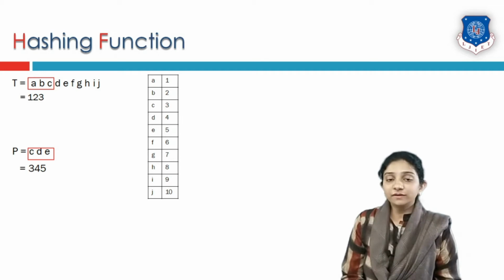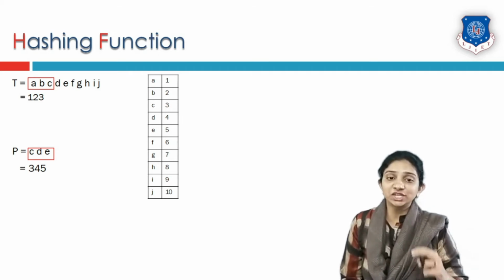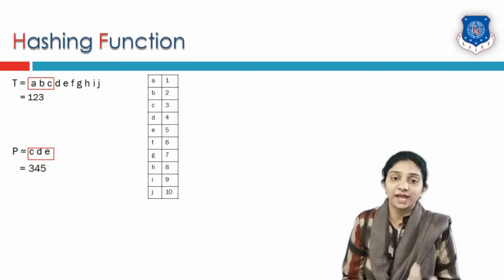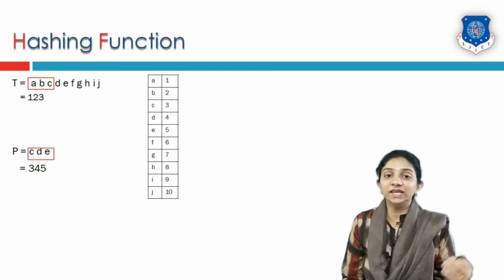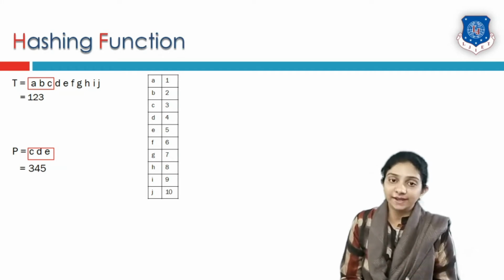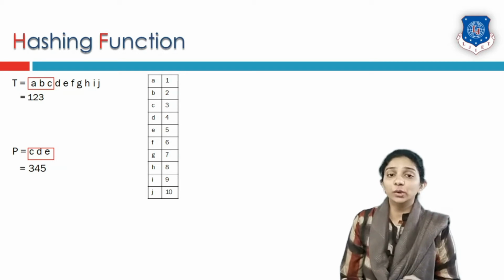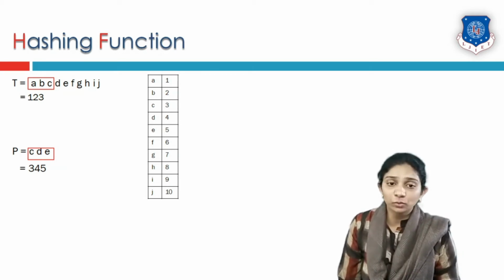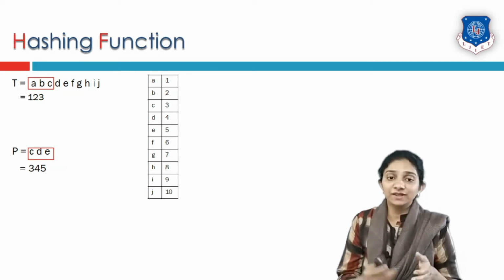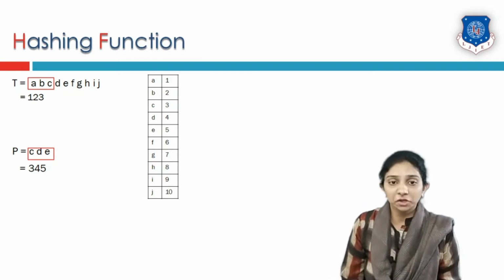So after this particular point, we are not going to match each character of pattern with each character of text, unlike we have done in our naive method and in finite automata method. In this method, we are going to compare only one value. 345 is one numeric value and 123 is another numeric value.